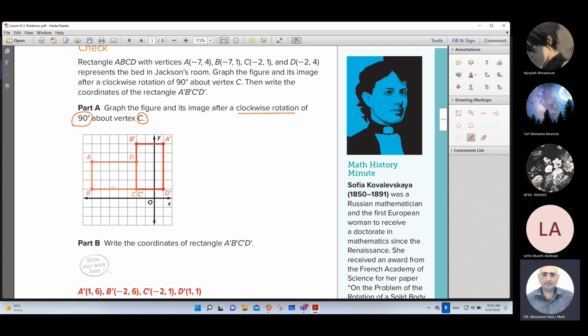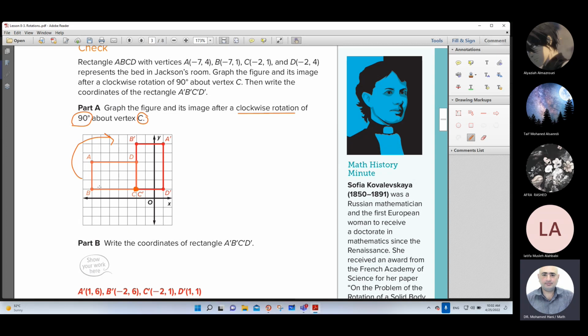So as you see here, we have A, B, C, D. This is the pre-image. We have C here, the center of the rotation. And clockwise means from left to right.